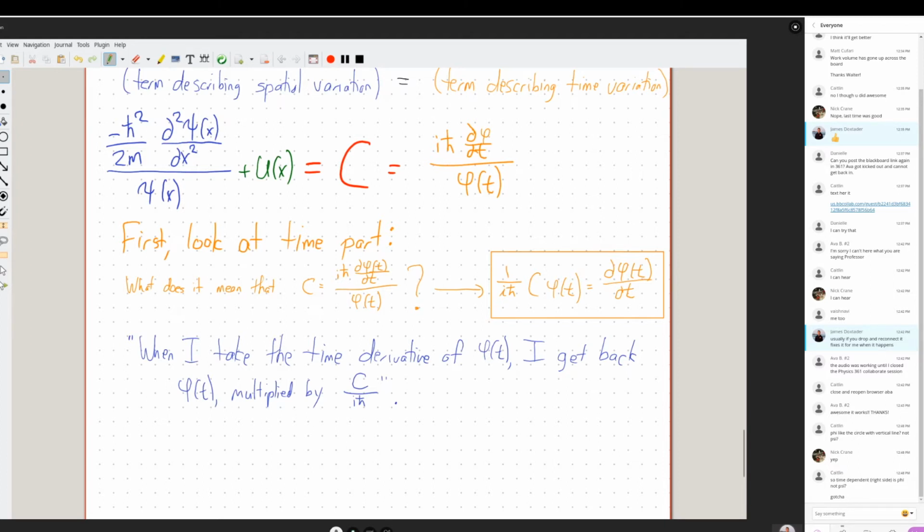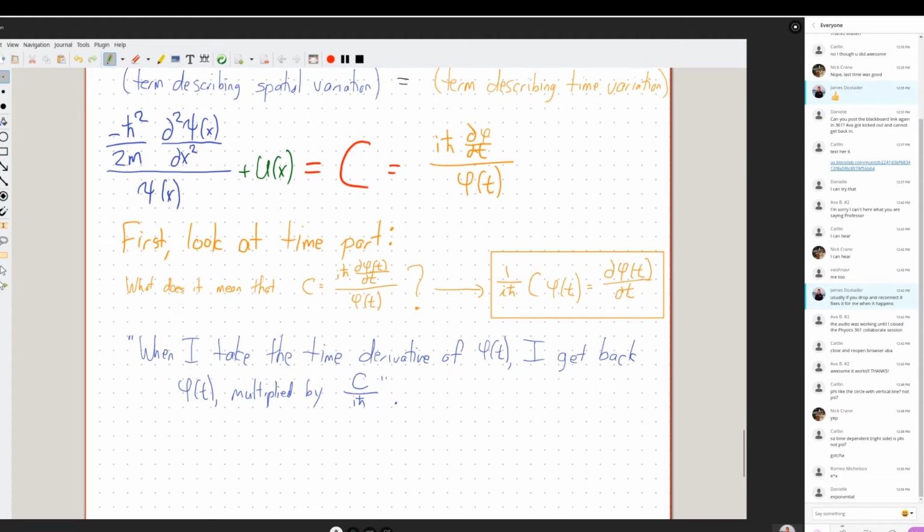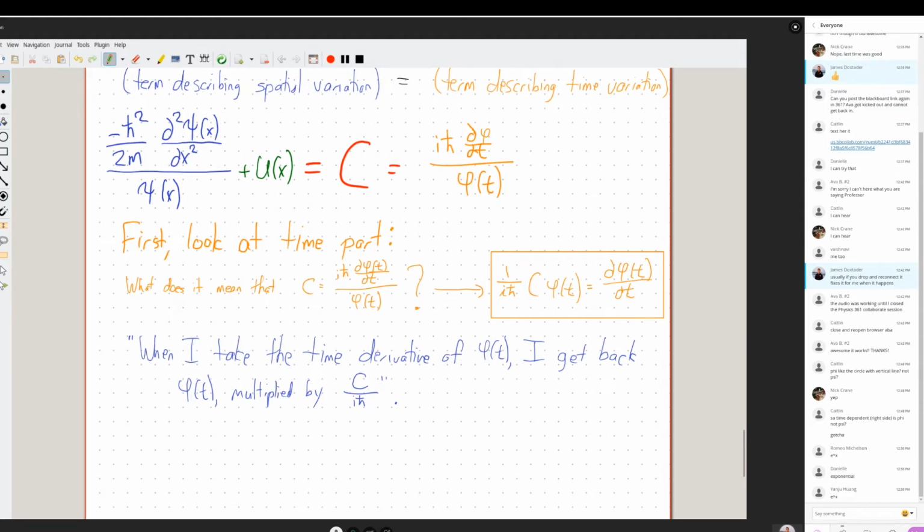So do you know any functions where when I take their derivative, I get back that function multiplied by a constant? An exponential. Yep, exactly, Romeo, Danielle, Yanju.